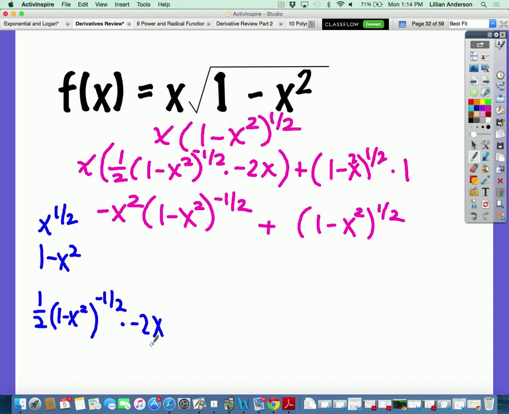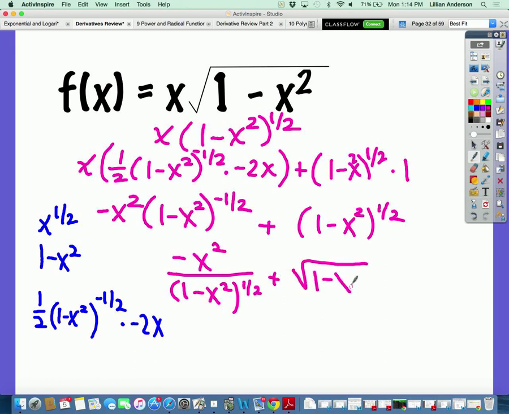And so this third line is nothing but simplifying that second line down. If you want to simplify some more, this will become negative x squared all over 1 minus x squared to the positive 1/2. Technically it's on the top.